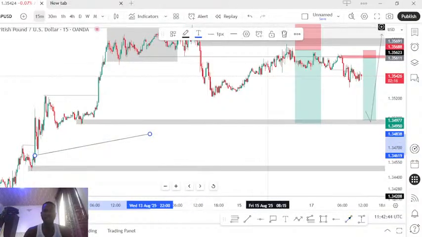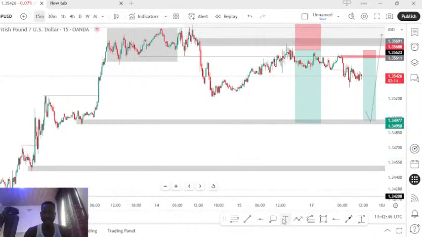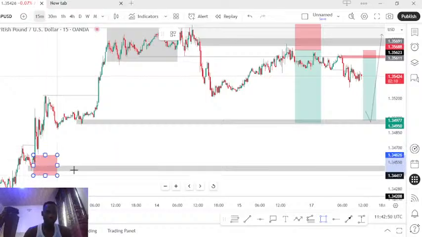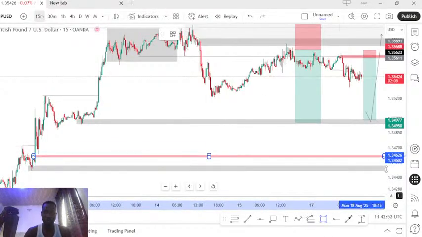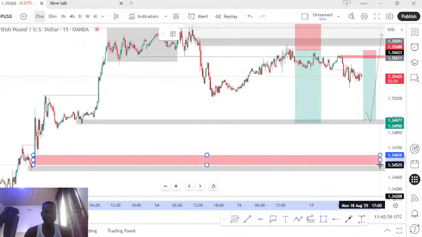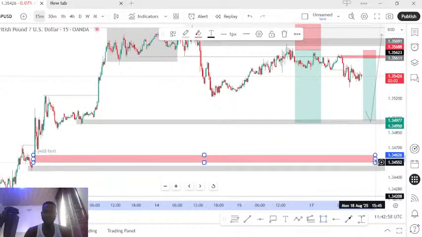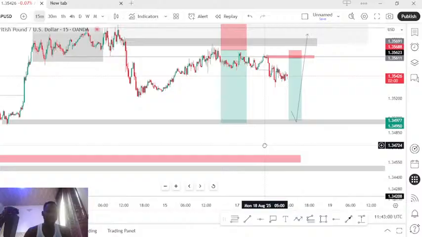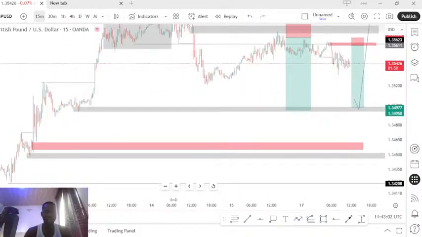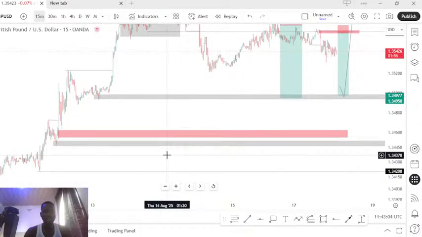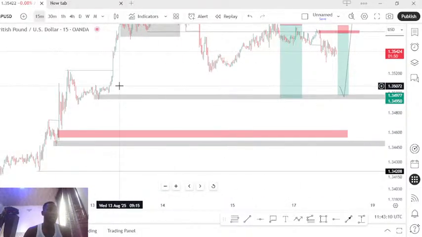And we could see two key areas here. So we have this major one below, and we have this one here, but I feel this one will serve as an inducement. That's what I feel. I feel it will serve as inducement because price is most likely coming to this down one, the one below, before pushing all the way up.